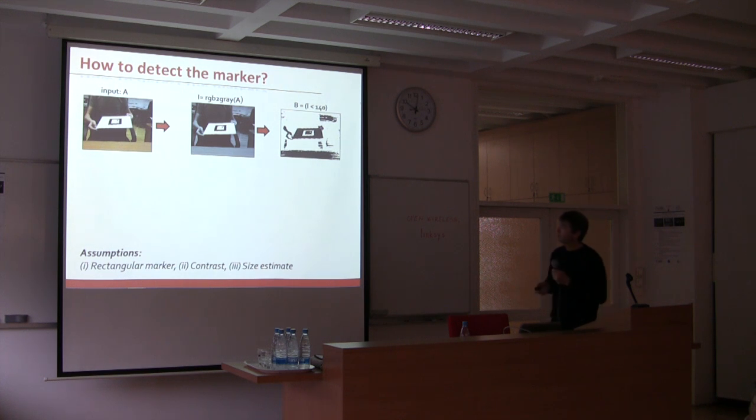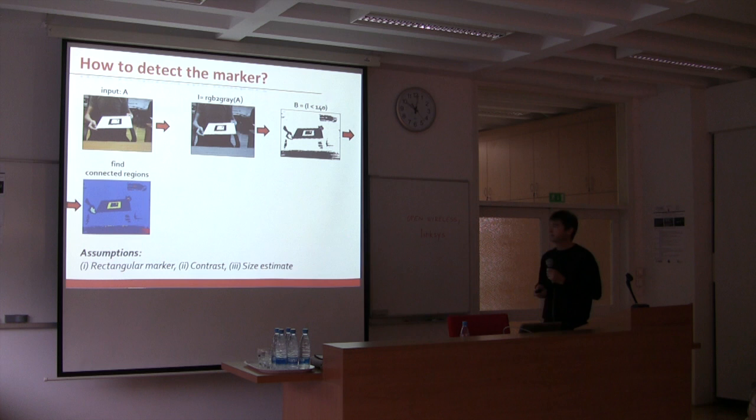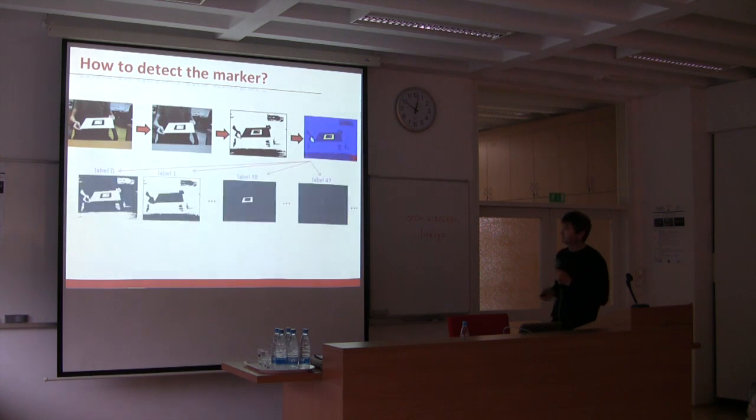So we can focus on the darker parts of the image. That's why this binarization makes perfect sense. And the next step is that we segment these darker regions into connected regions. So what does this mean?